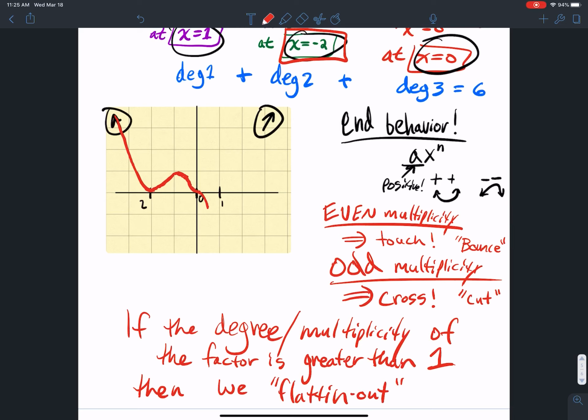That's a question that pops up a lot in the homework. Does the 0 flatten out? So does the degree flatten out? And what does that mean?